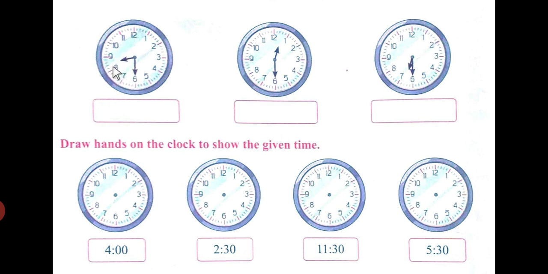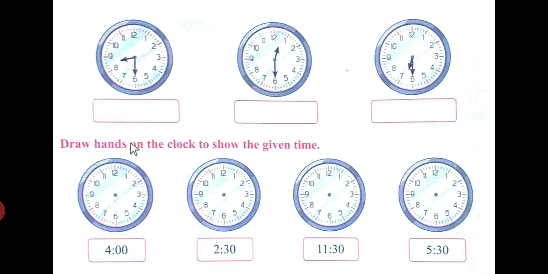In this one also you can see the hour hand is between 12 and 1 and the minute hand is at 6. So you will write 12:30. Here also you can see the hour hand is between 6 and 7 and the minute hand is at 6. So you will write 6:30.